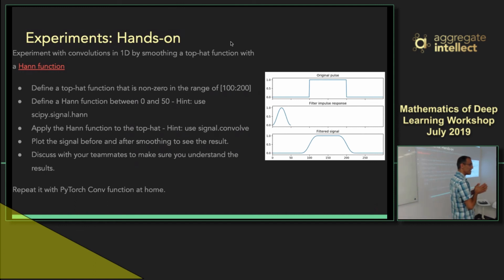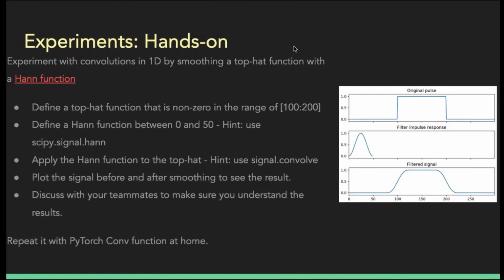Hands-on. Let's see what we are going to do in the hands-on. We want to pick a square pulse, a top hat function like this. All right? And you will define it in Python in a way that it's 0 everywhere except between 100 and 200, where it is 1.